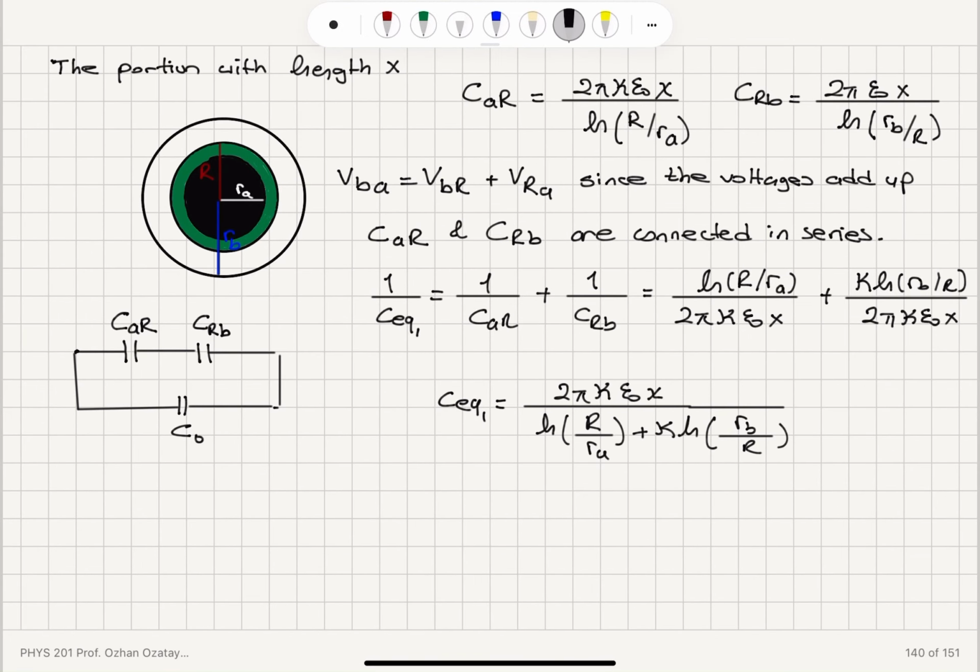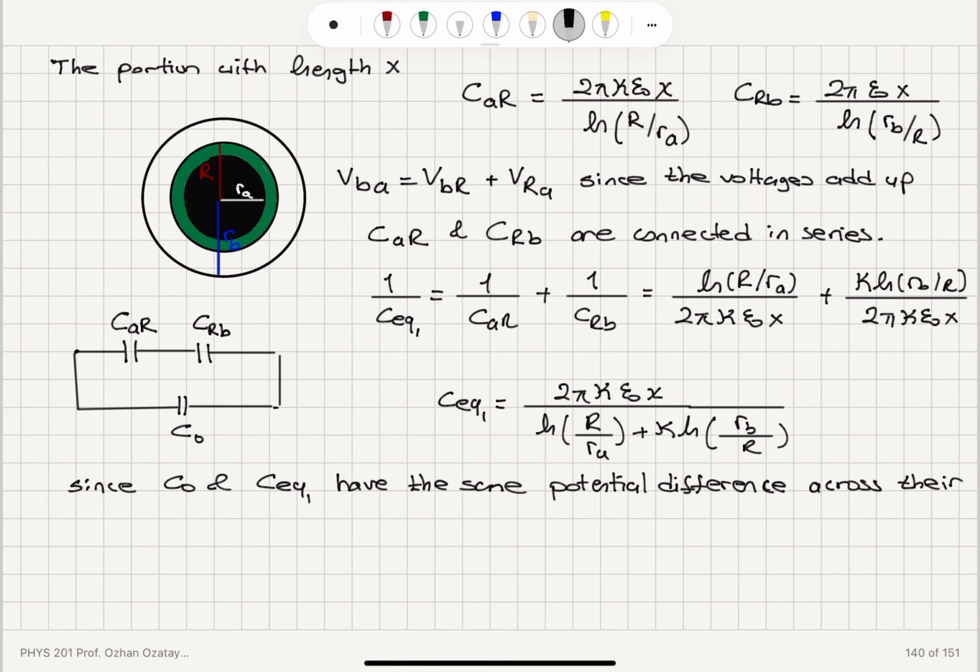So I see that since C0 and C equivalent 1 have the same potential difference across their terminals, they must be connected in parallel.